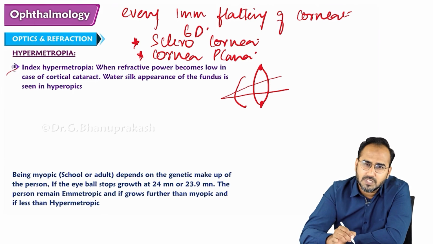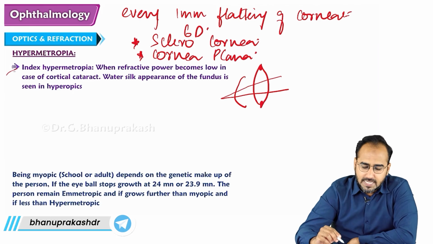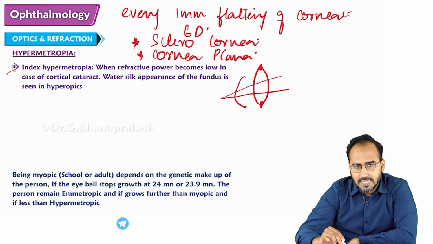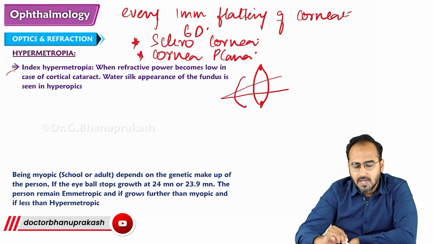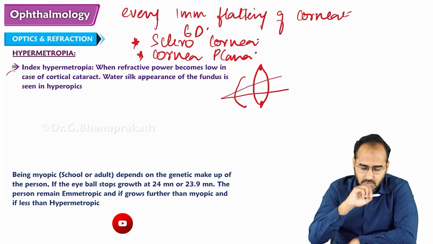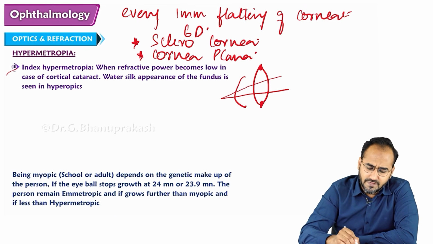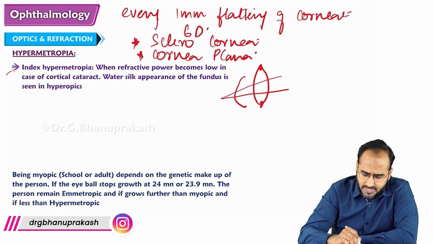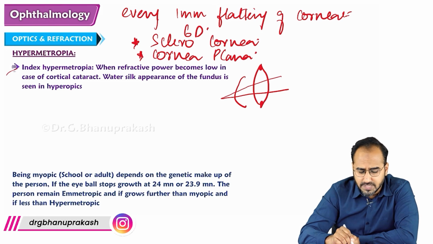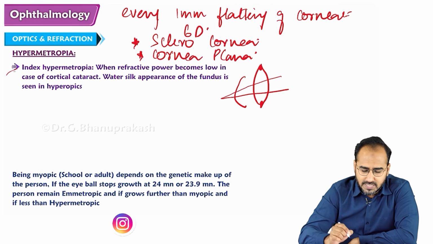The light rays will focus much behind the retina. So when the refractive power becomes low in cases of cortical cataract, you will see a watered silk appearance of the fundus, which is seen in hypermetropics.